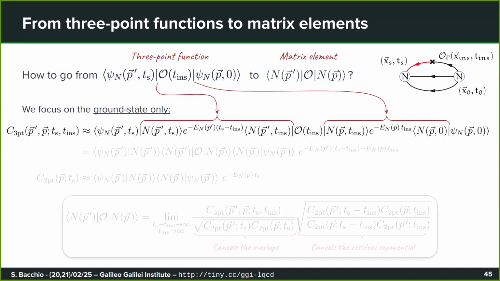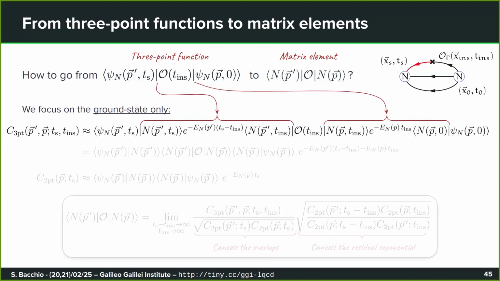Well, we measure again a correlation function, now a 3-point correlation function. We don't have only 0 and t_s, but we also have a time t where this current couples. And if you do these contractions here, it's not about the contraction, it's about the physical result.